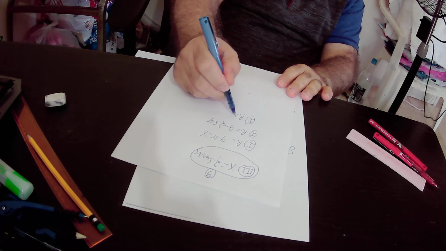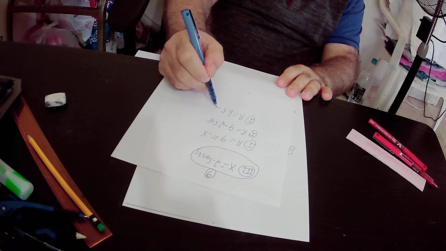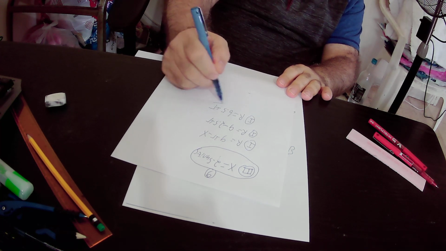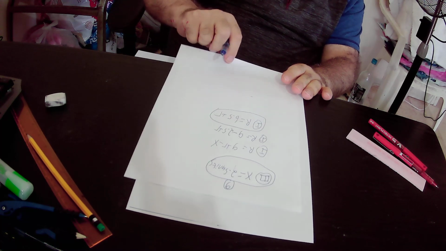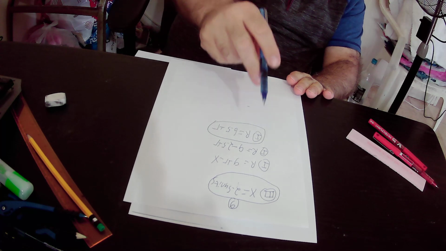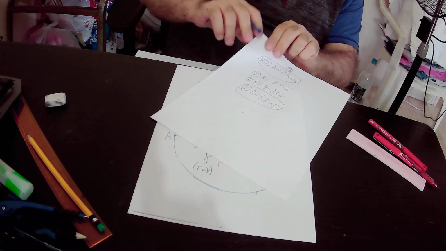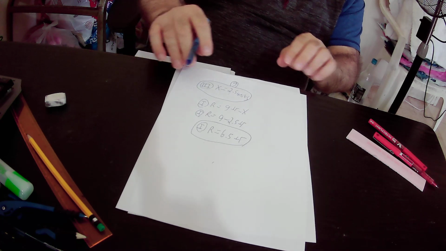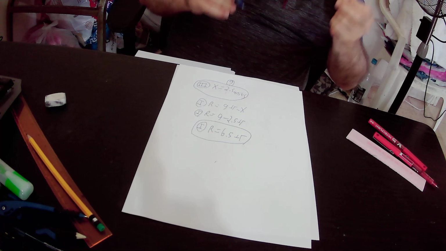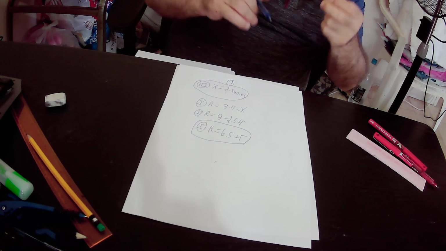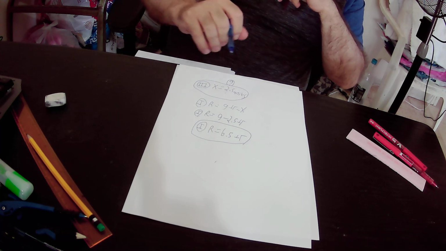So capital R equals 6.5 plus small r. Okay, so we have the value of x that equals 2.5 units, and we know that capital R, the radius of the big circle, equals 6.5 units plus the radius of the small circle, that is to say small r.